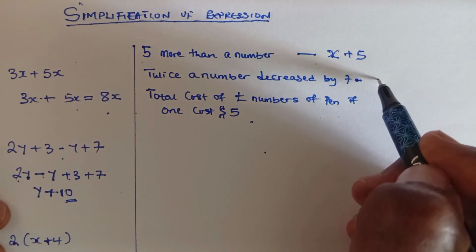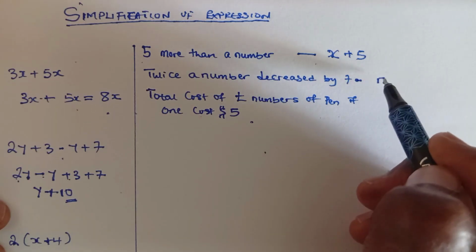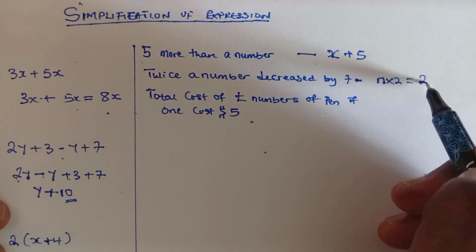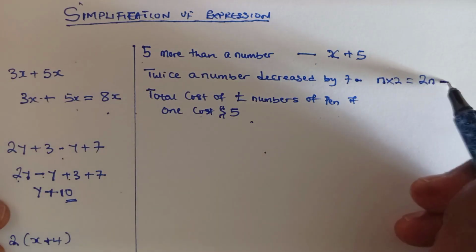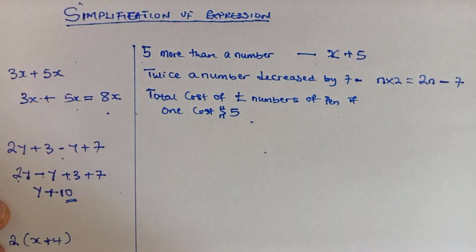So if the number is a variable like n, then 2n is going to be twice the number, right? So we're going to be n times 2, which is equal to what? 2n decreased by 7. So we're going to remove what? 7. So this is the explanation of this expression, sentence rather.